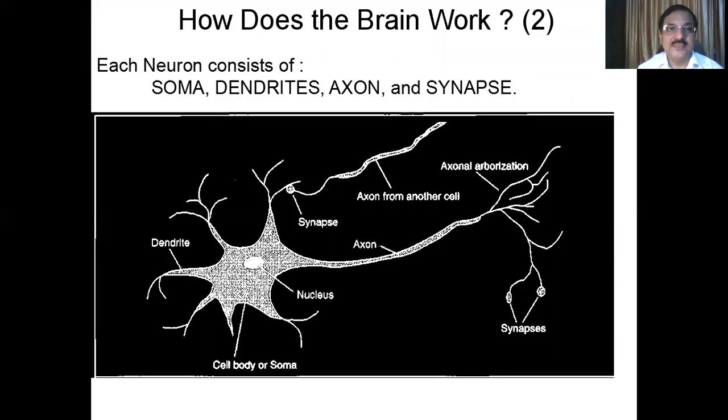So this neuron consists of various parts, and these parts are soma, dendrites, axon, and synapses. We can classify the neuron basically into three parts.